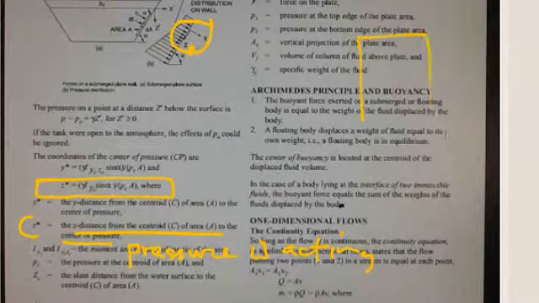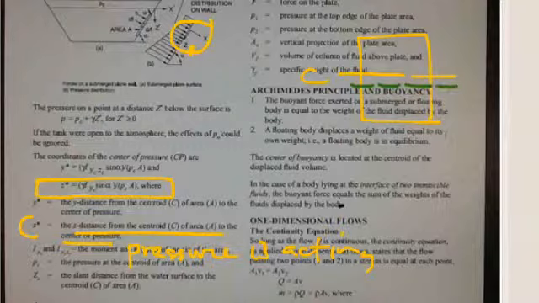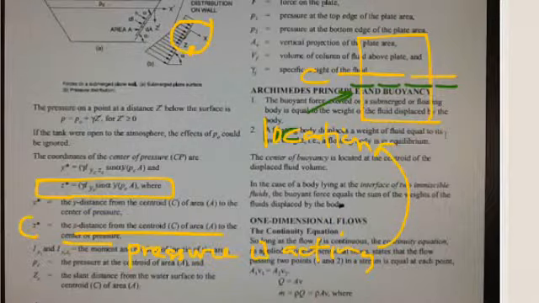So here's our rectangle, and we know that this is the centroid. The z star is going to be literally the distance between that centroid and the location that this pressure is acting at. So the z star is literally this distance here. Z star.